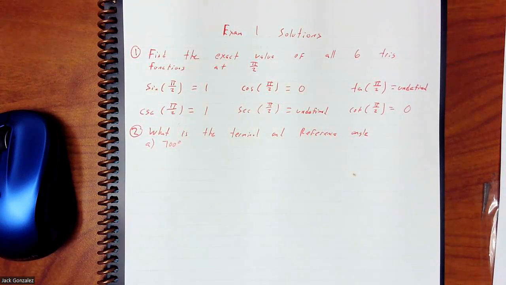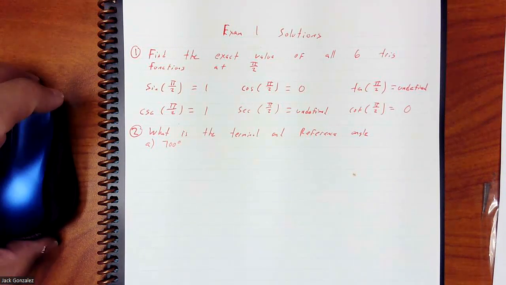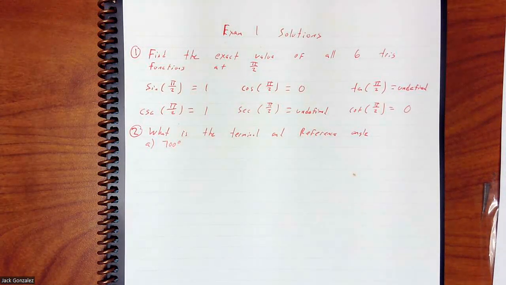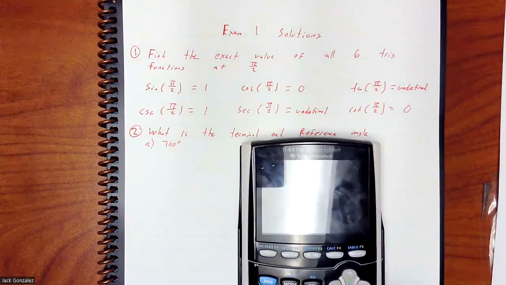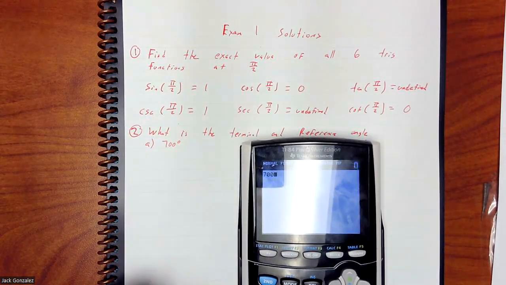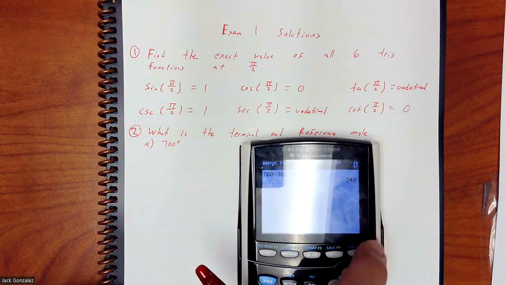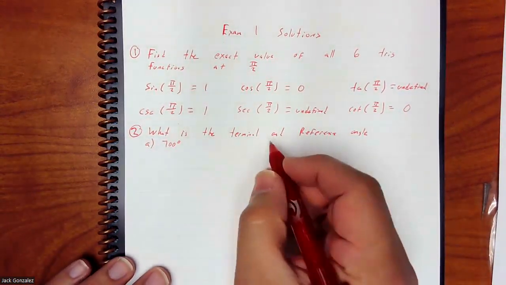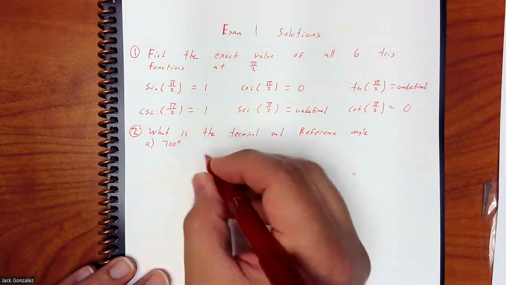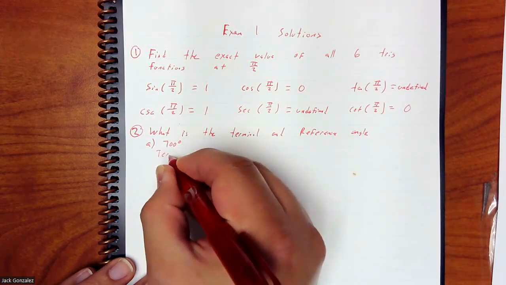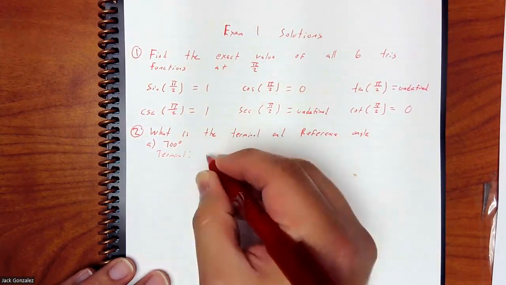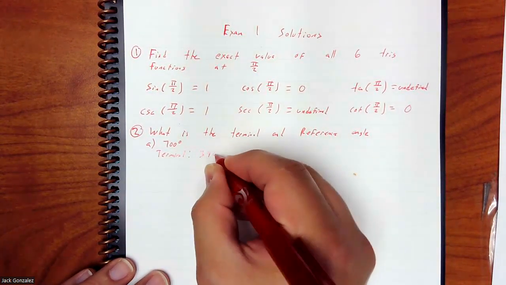So for 700, just subtract until you have 360, right? Subtract until you're below 360. No, just one time should do it. So the terminal angle is going to be 340 degrees.